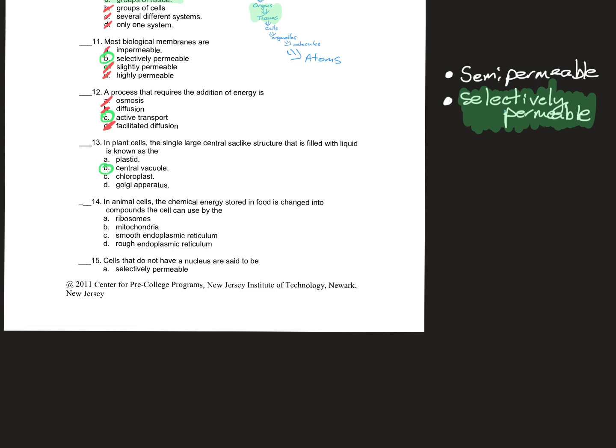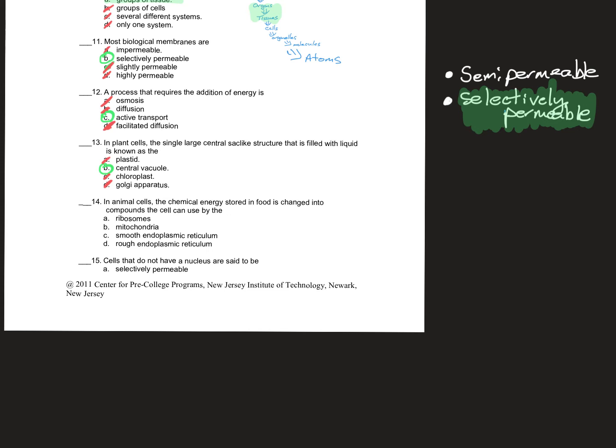A plastid is a generalized organelle that does various functions. A chloroplast does photosynthesis. A Golgi apparatus packages proteins. Each one of the organelles has a different function.